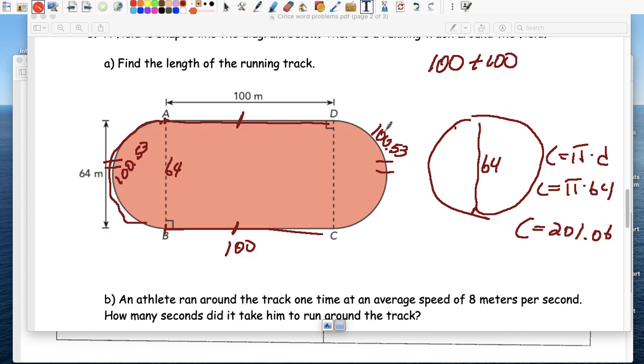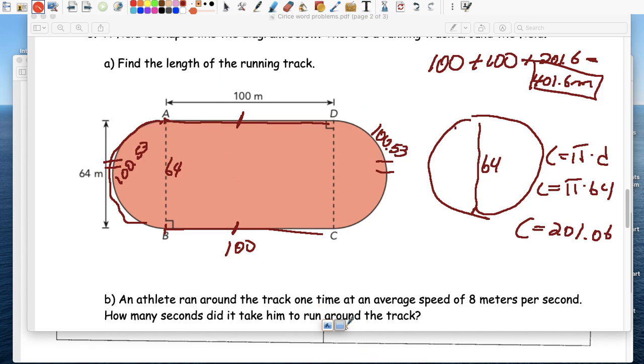So now you have all four parts: 100 plus 100 plus, again, you can use 100.53 twice or 201.06. It's up to you. So plus 201.06 equals 401.06 meters. So the distance around this track is 401.06 meters.